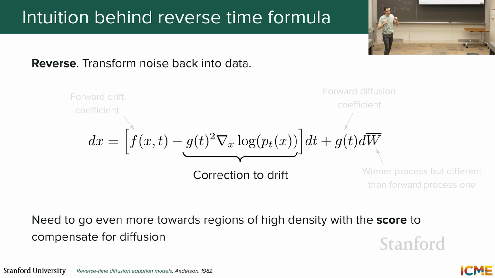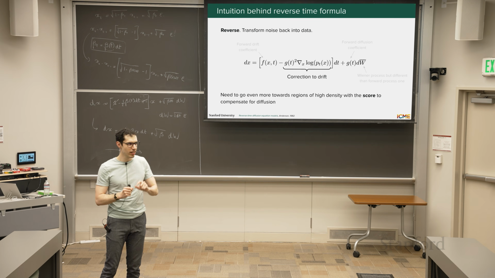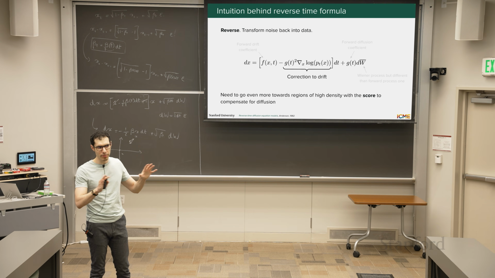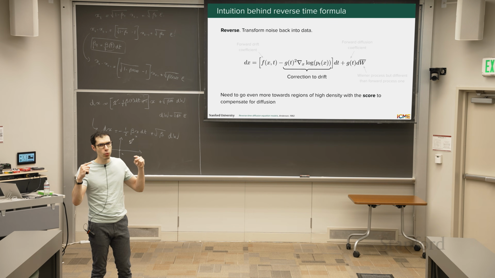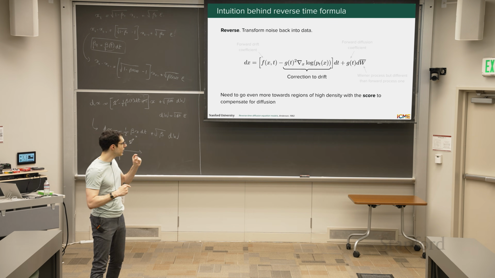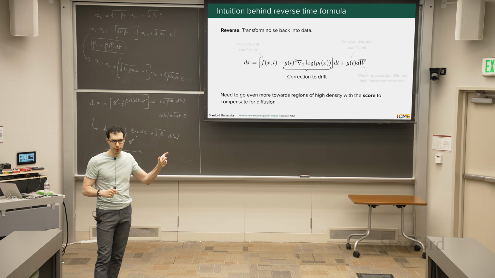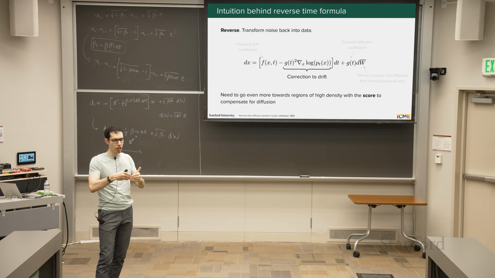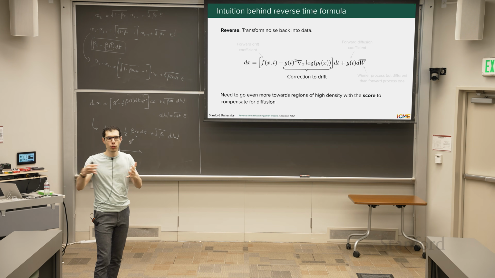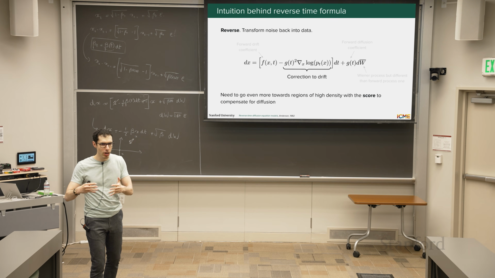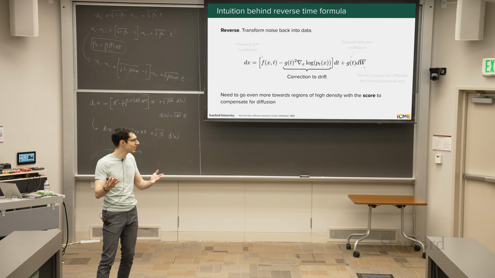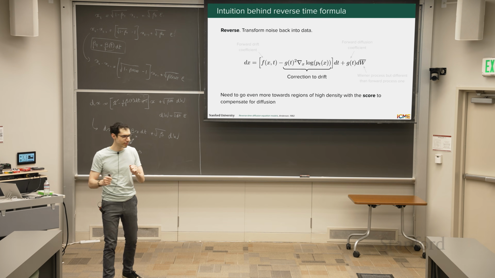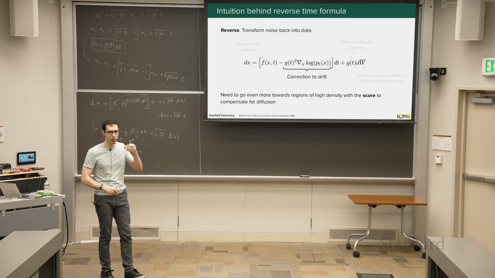So the reverse process SDE is obtained through some derivation, but the way you would interpret it is that the correction to the drift is due to the fact that you diffused in the forward process, and this made you be further from high density regions. So this is what the reverse process is like.